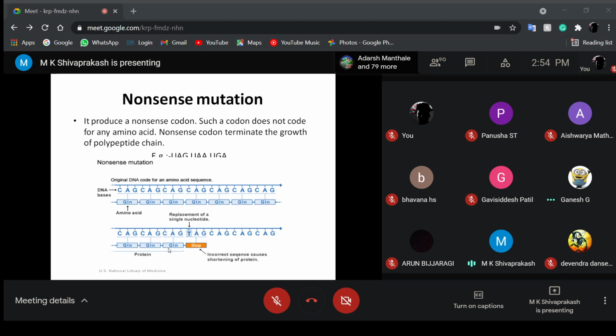So the protein synthesis is not complete, and the fully functional protein is not produced. That's the nonsense mutation.